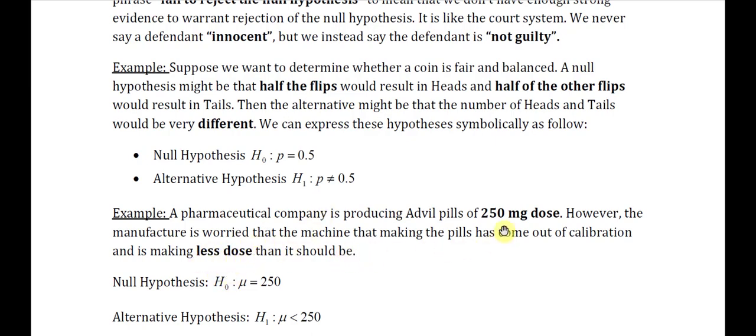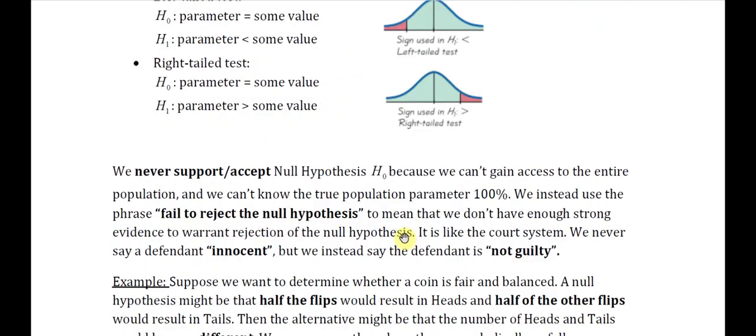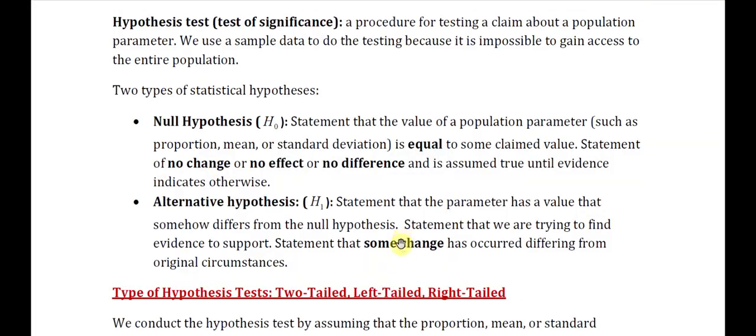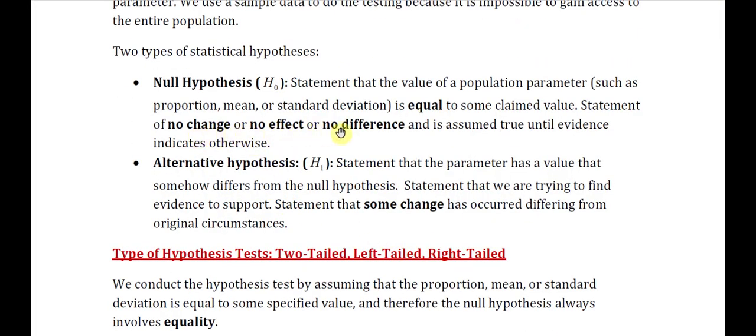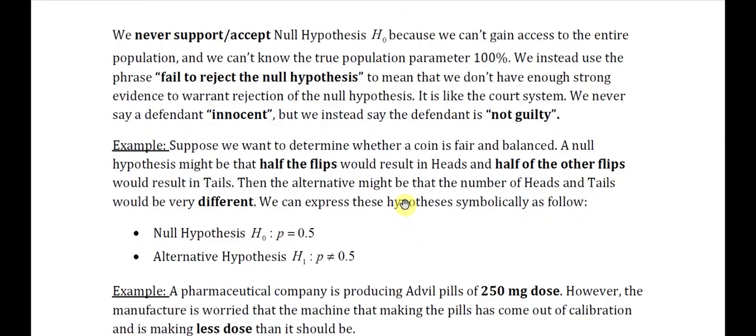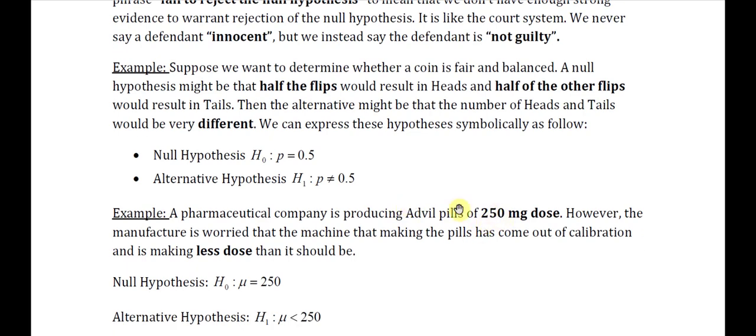So with no change, no effect, or no difference, it should be equal to 250, and it does involve the equal sign, so it should be the null hypothesis, H naught.